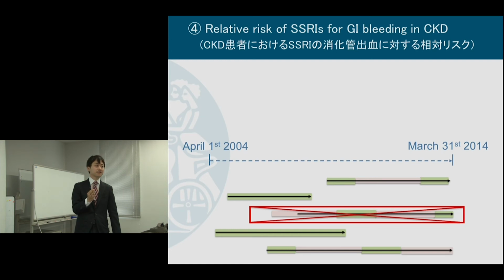So that's the main reason that I couldn't use self-controlled case series design. I still had the option to use case-crossover design, because for case-crossover design that condition is not required, as Ian will talk about later. But I didn't use it this time.